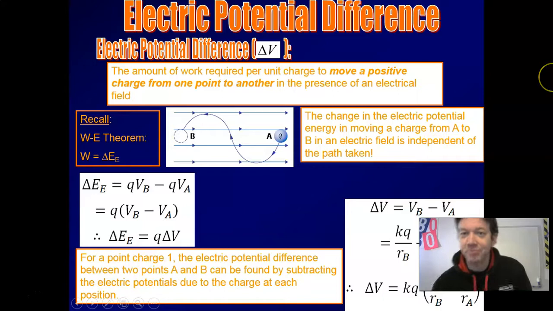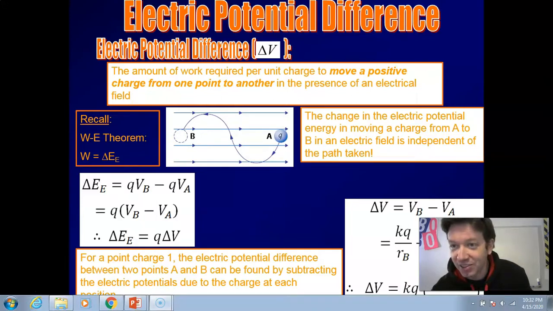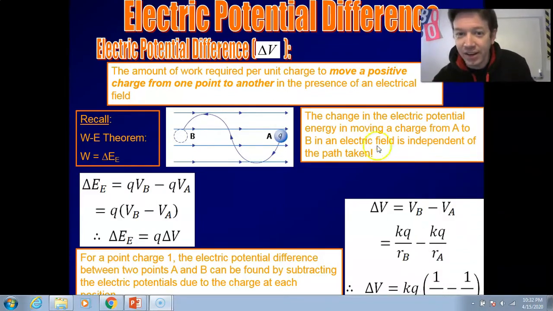All right, electric potential difference, yet another term. Electric potential difference is the change in electric potential. Why do we not call it the change in electric potential? I don't know, just like I don't know why we don't call displacement change in position. But it is change in potential.